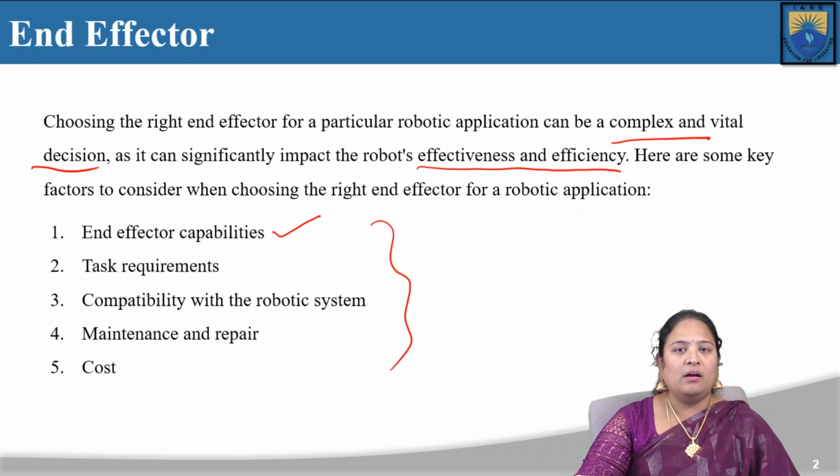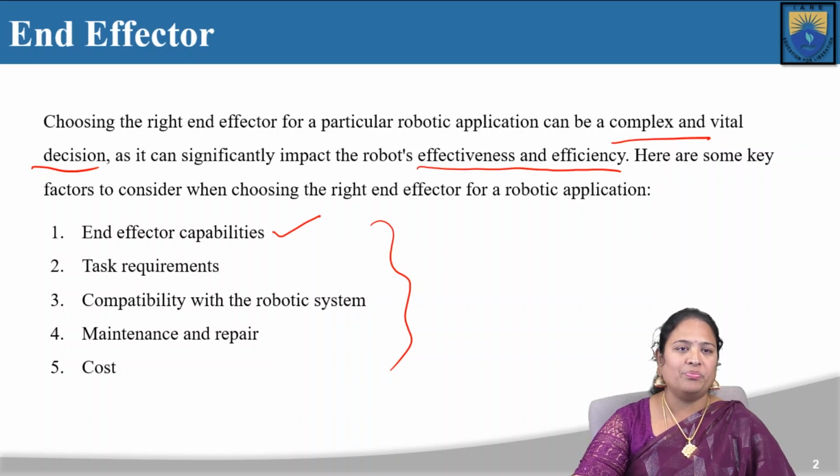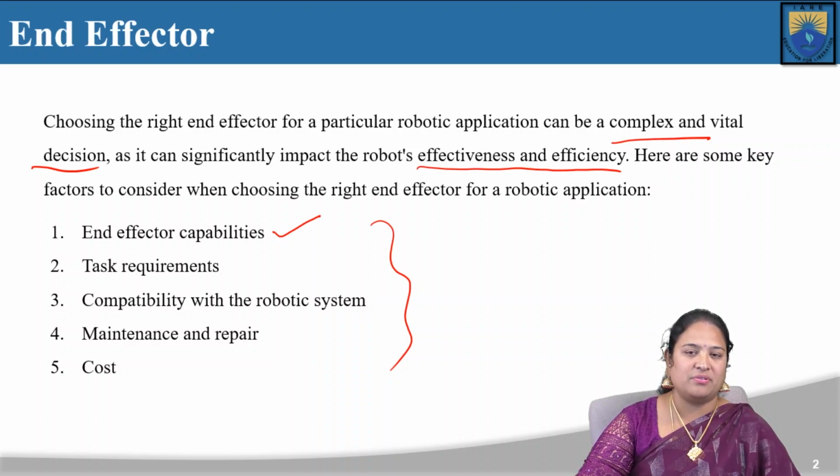We all know, as human beings, we have some constraints. We can lift only objects weighing up to 20 or 25 kgs. There is some limitation, right? But when we take a robot, that also has some constraints.